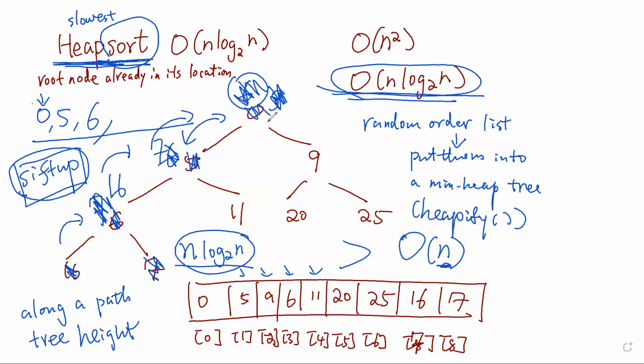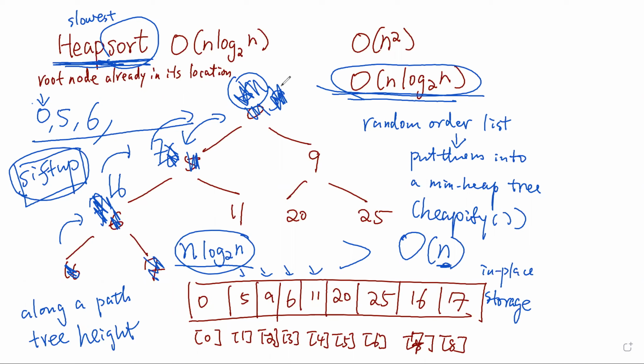But its advantage is that you use an array, and it's in-place storage. So regarding space efficiency, heap sort has some advantage. Each one has its own advantage.